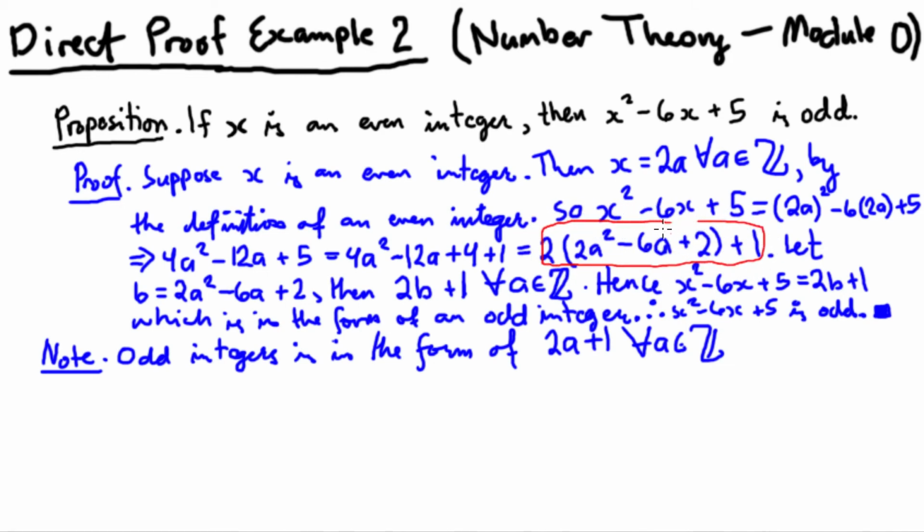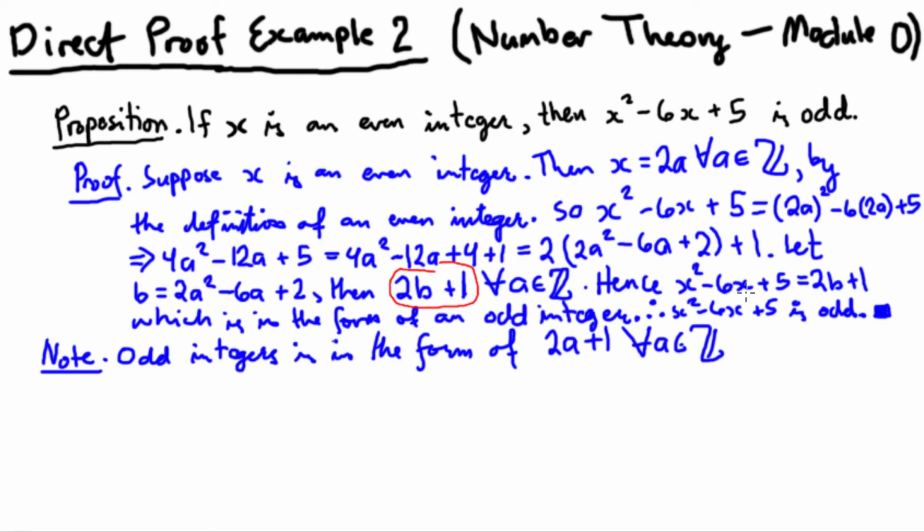Since we want to prove that it's odd, we end up in a statement in the form of 2a plus 1. We let a variable b equal 2a squared minus 6a plus 2. So this expression becomes this expression, letting b equal this for all a in the integers.